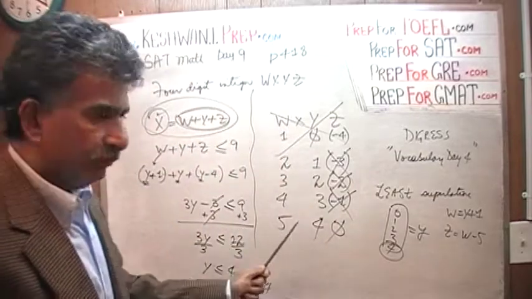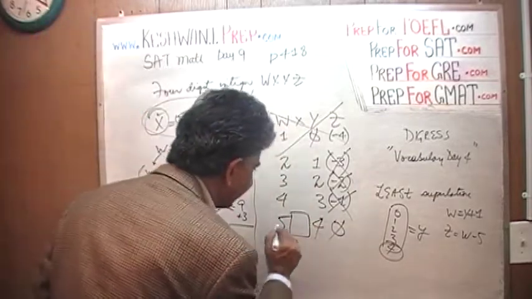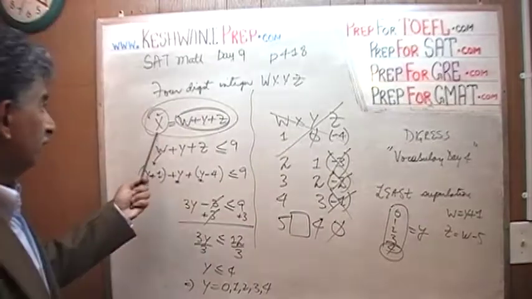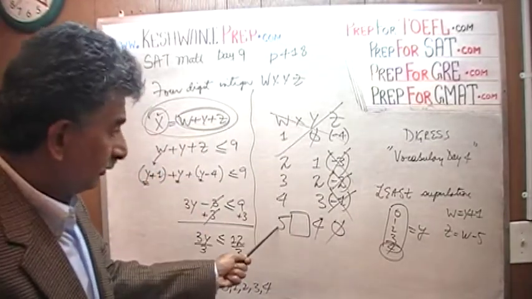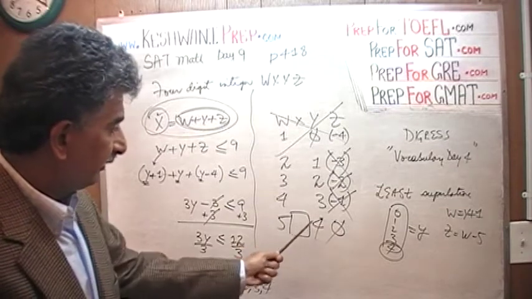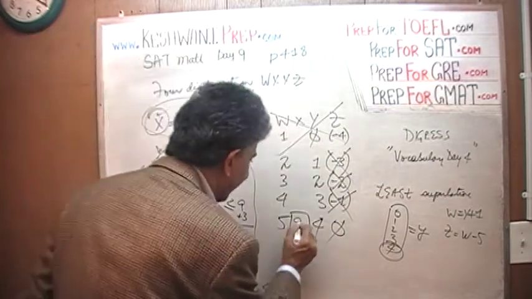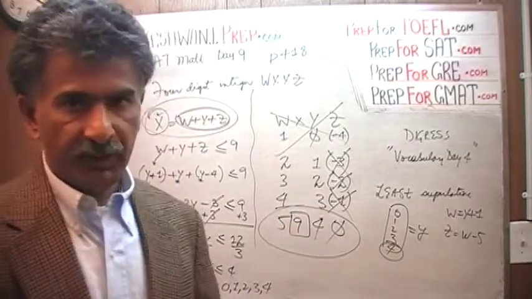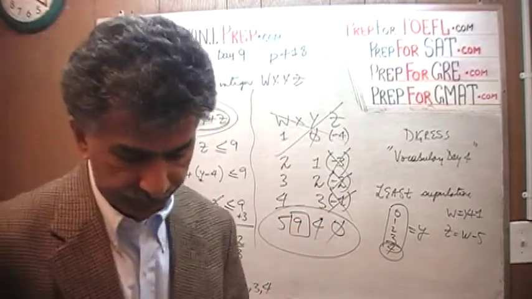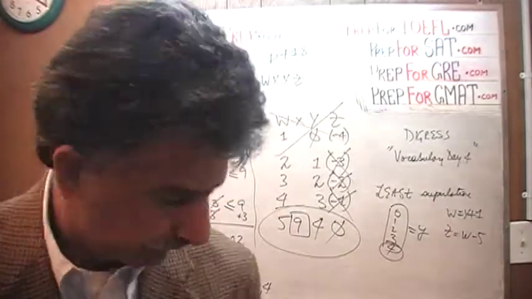Now what do you suppose will go in the place of x? X has to be w plus y plus z, 5 plus 4 plus 0, which is 9. Voila, there is your 4-digit number: 5,940. Do you understand? And that's it, we're done.